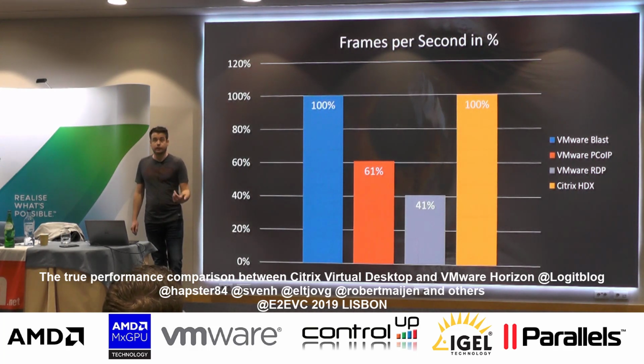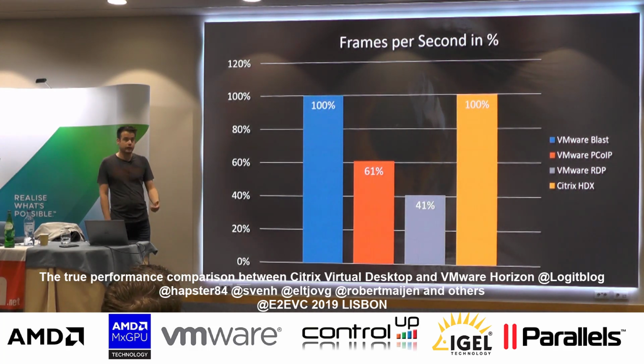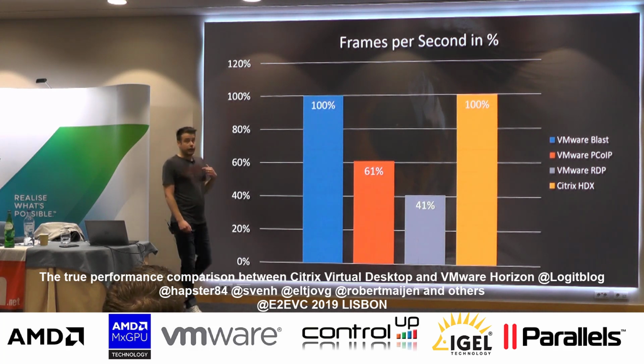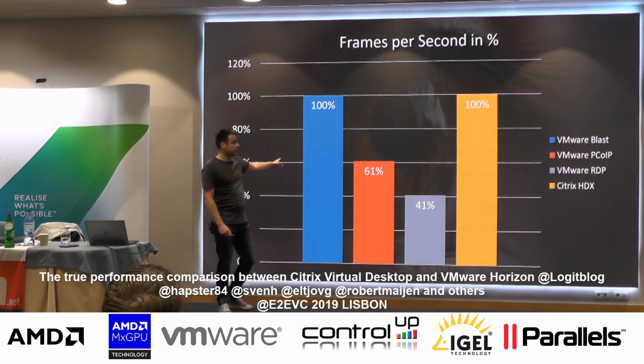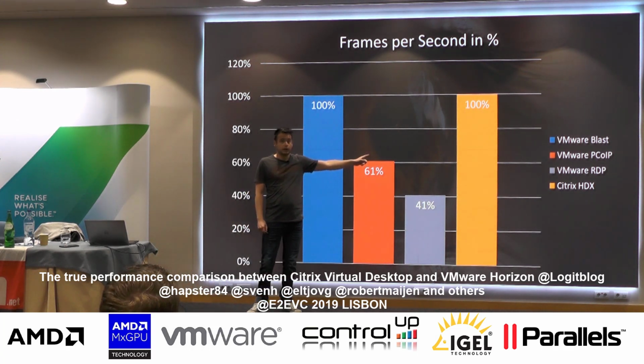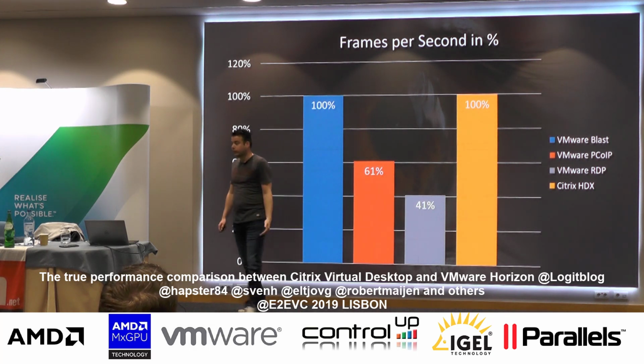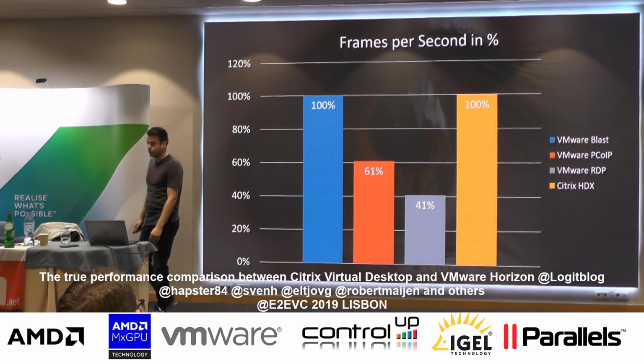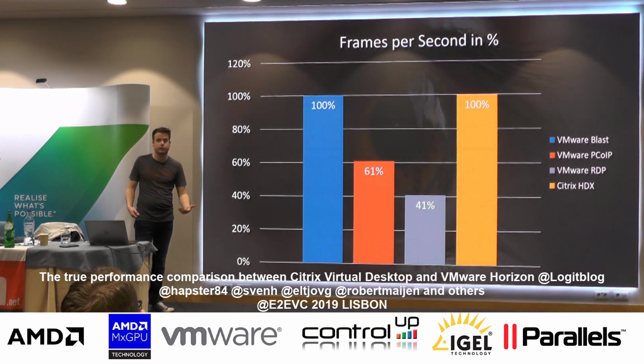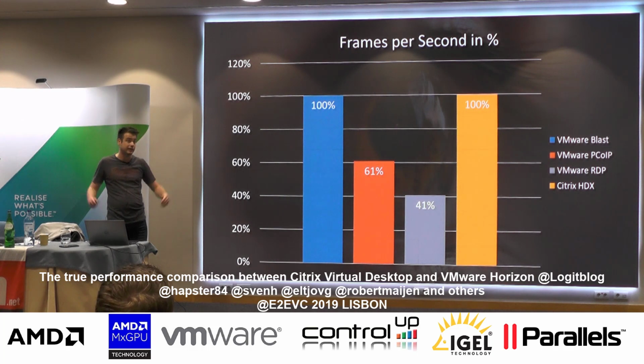So converting this towards a percentage, it's a clear difference. What I find interesting is that both BLAST and Citrix HDX are similar in sending over the frames. PC over IP is a little bit lower and RDP is not really performing as well, looking at the entire test.